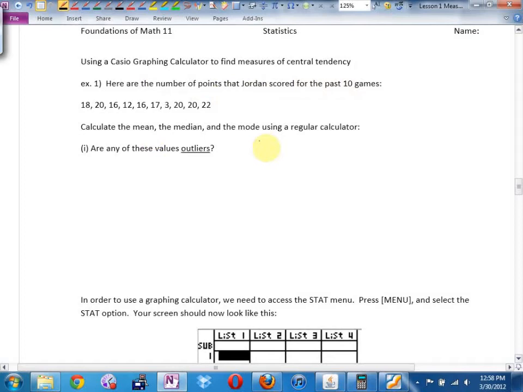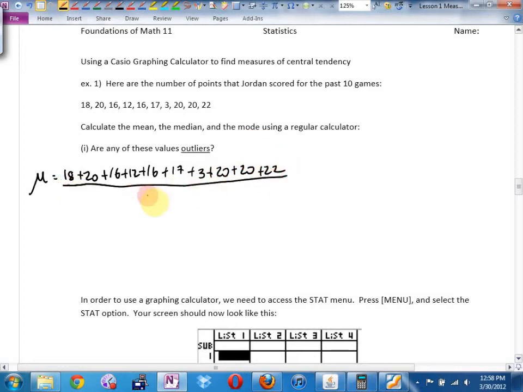Okay, the mean is going to be 18 plus 20 plus 16 plus 12 plus 16 plus 17 plus 3 plus 20 plus 20 plus 22 divided by 10. This is the last time that I'll make you do these by hand, and then it will be your choice.